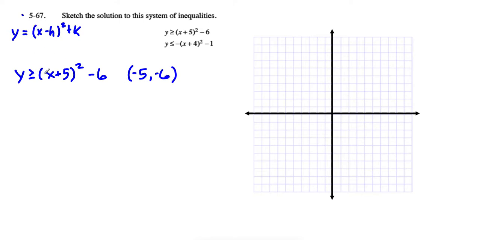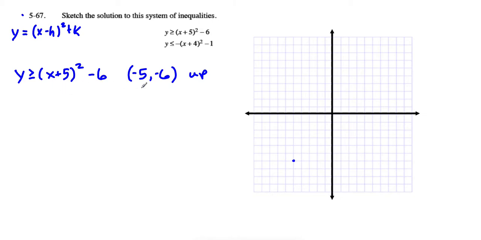Now this one, because it's positive, is going to open up. So let's see here. We go back 1, 2, 3, 4, 5. Oops, almost went too far. And then down 6. 1, 2, 3, 4, 5, 6.